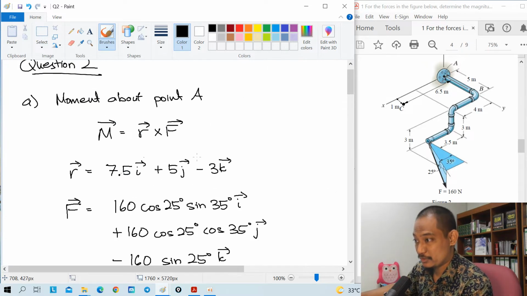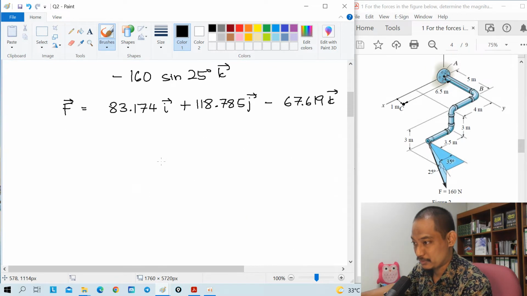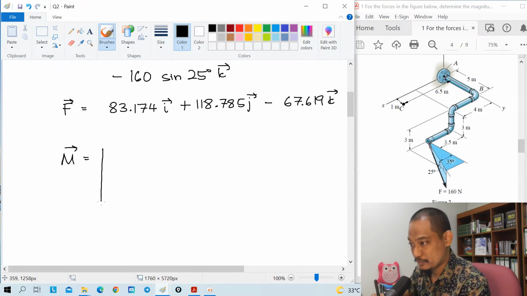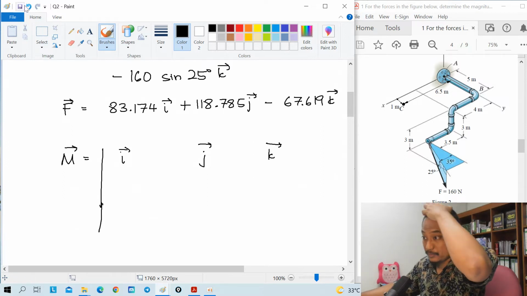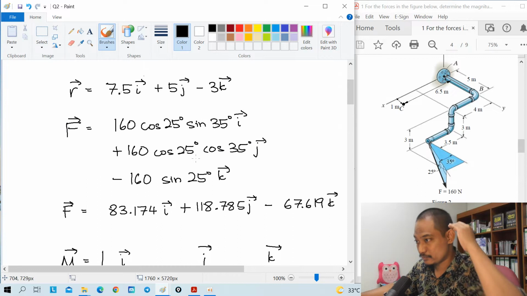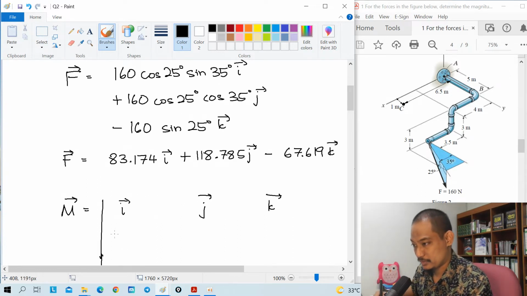So we have already R, and we have already F. Next is just to plug into the matrix. So M equal to the determinant of i, j, k. R is 7.5, 5, minus 3.